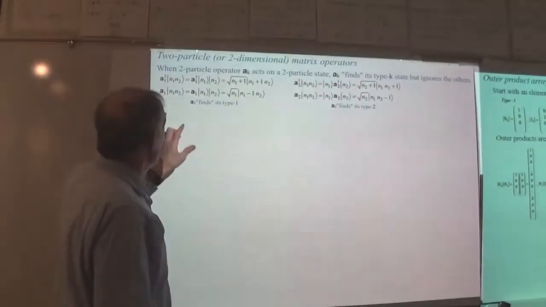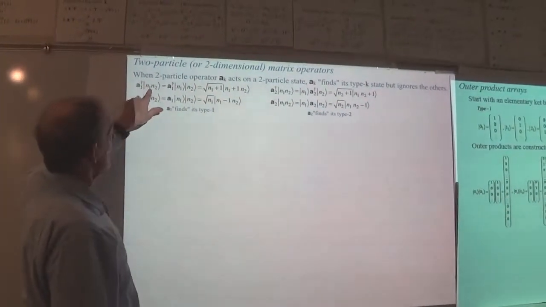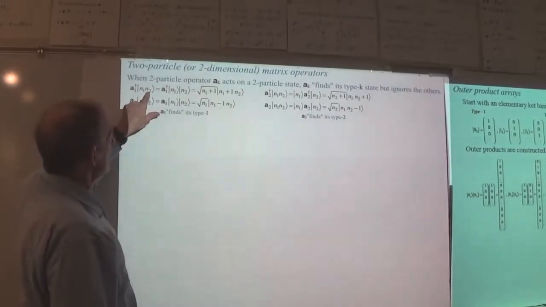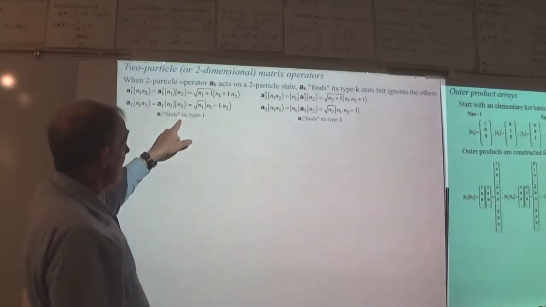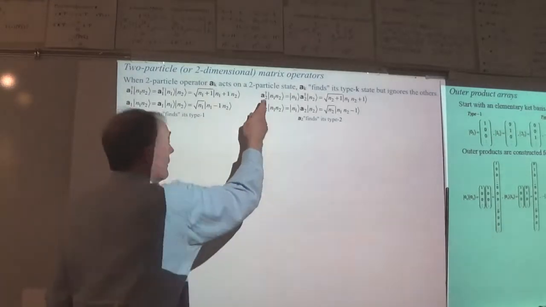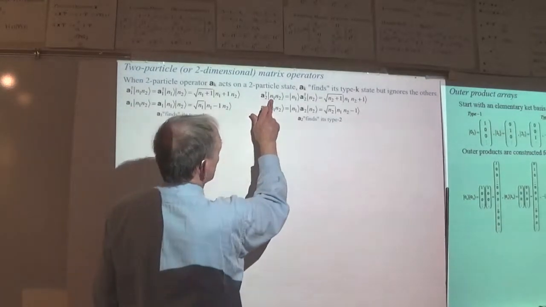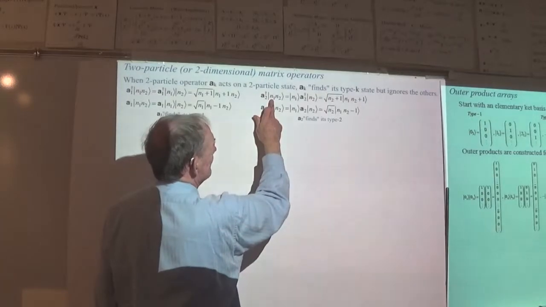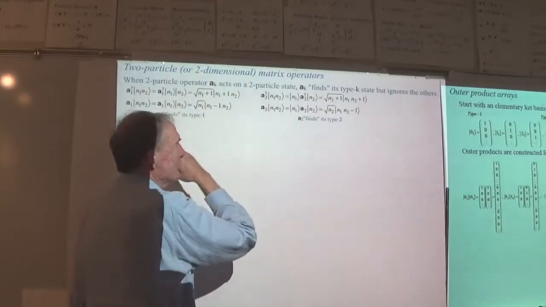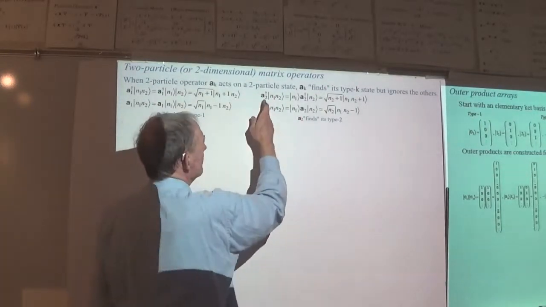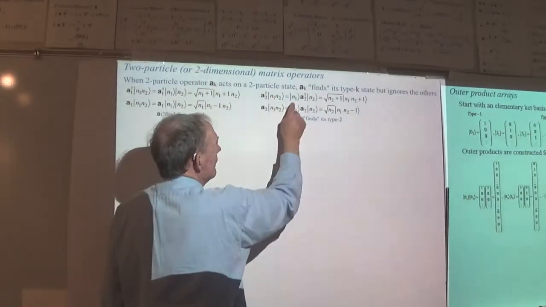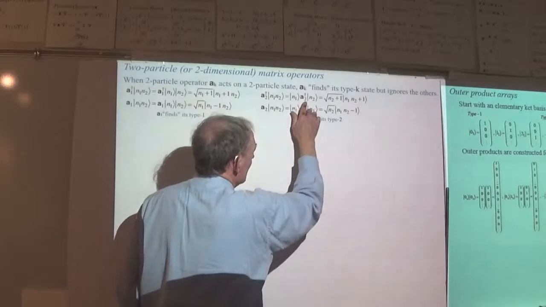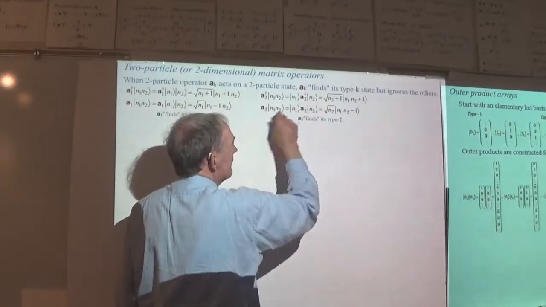And the deal is that when an operator comes up on a product like this, it finds its type. Now, A2 comes up here and it looks like it's going to run into A1. But that's not what you're supposed to be thinking about. You're supposed to be thinking that this A2 here just does not see that thing at all. It just goes right through it to its own kind.